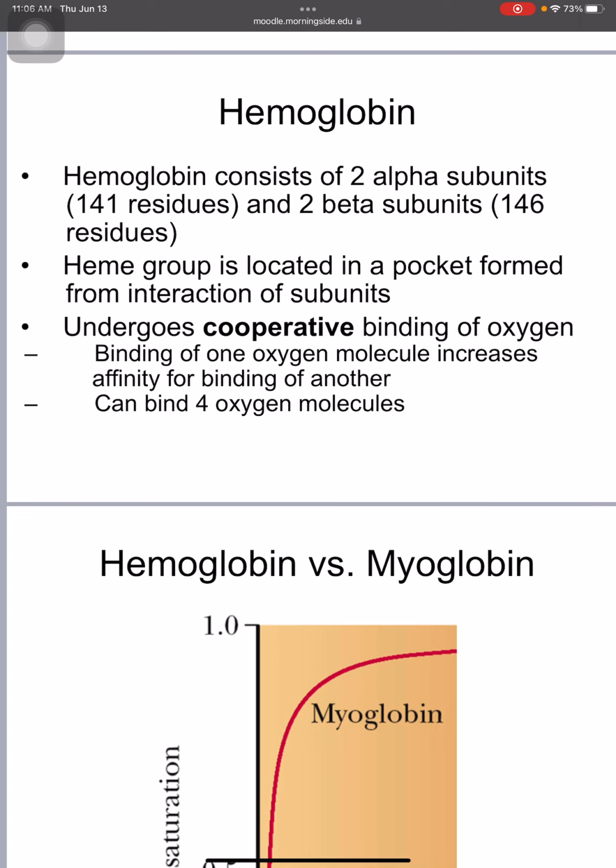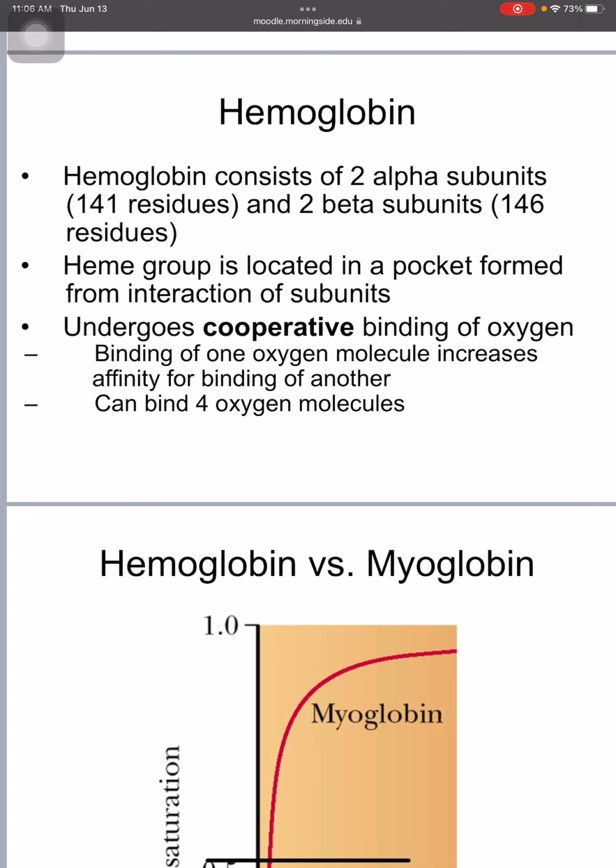The bloodstream has high concentrations of hemoglobin because it's constantly traveling between the lungs and the muscle tissue to deliver oxygen back and forth, right? It goes to the lungs to pick up oxygen, takes it to the tissues, drops it off, goes back to the lungs, etc., etc., etc. All right?